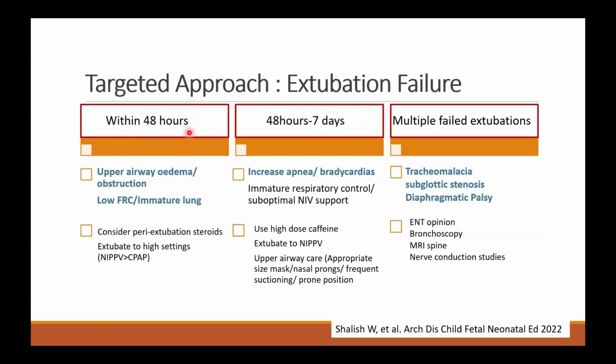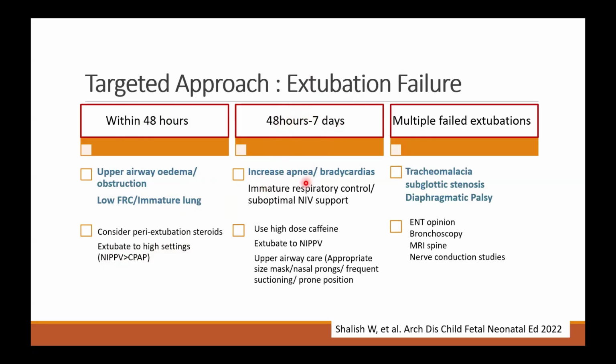Within 48 hours, it mostly happens due to upper airway edema or obstruction, low FRC or immature lungs. So, one should consider peri-extubation steroids in this subset of patients and should extubate to high settings. NIPPV is preferred over CPAP. Next, we have the second group where there is failure in 48 hours to 7 days.